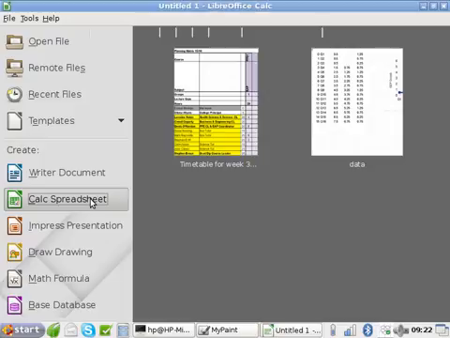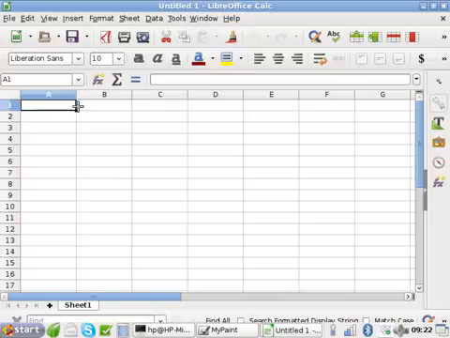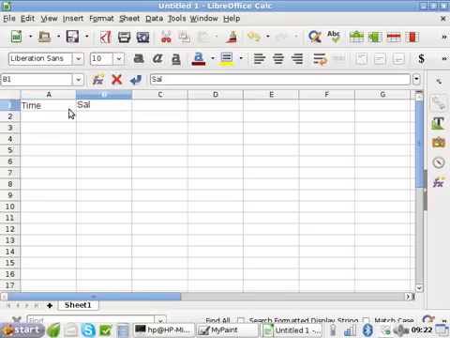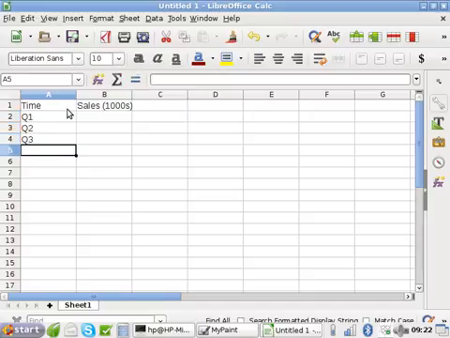So we'll do, I don't know, maybe we'll do a toy shop. Time and then sales. And the sales can be in thousands of euros. So our time will go for months, or maybe quarters. You know what I mean when I say the first quarter of the year? What months are those? January, February, March, yeah. I'll say second quarter, third quarter, fourth quarter. We'll do 12.